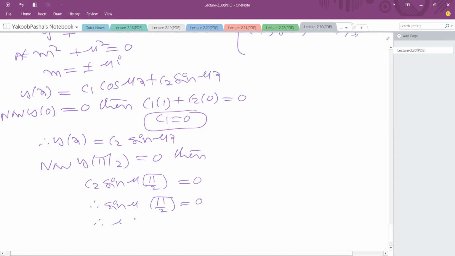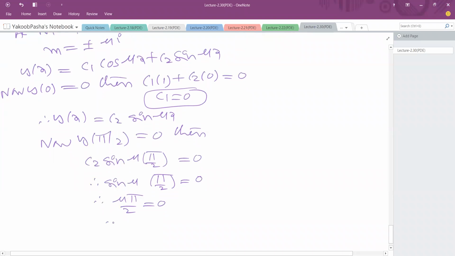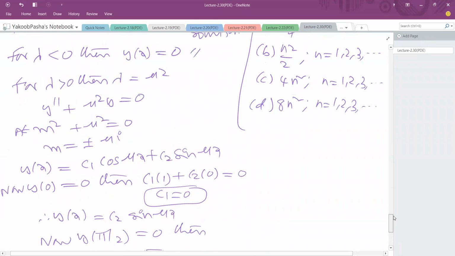That means mu pi by 2 is equal to n pi, since sin theta is equal to 0 means theta is equal to n pi, for n equal to 0, 1, 2, 3, or we can take 1, 2, 3 also. From this we can write mu is equal to 2n. The lambda value is mu square, that is equal to 4 n square. So option C is the right option.